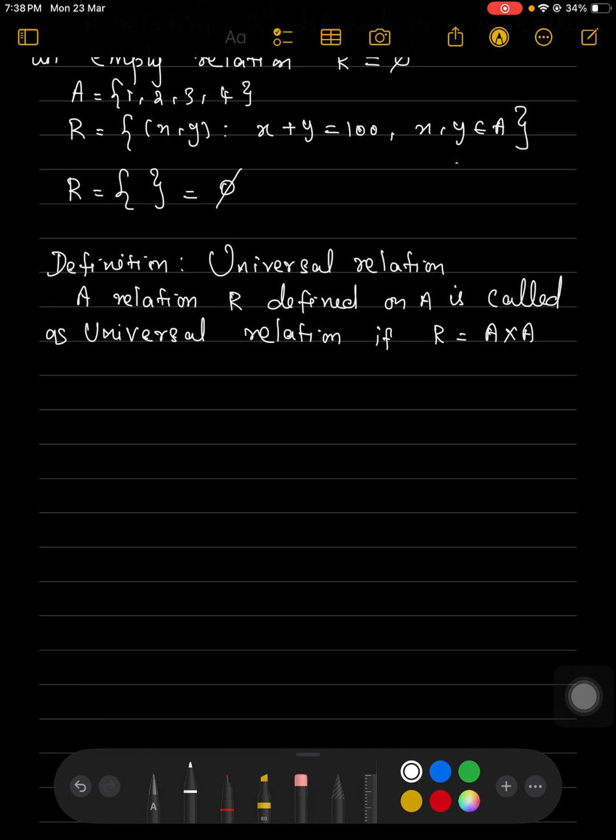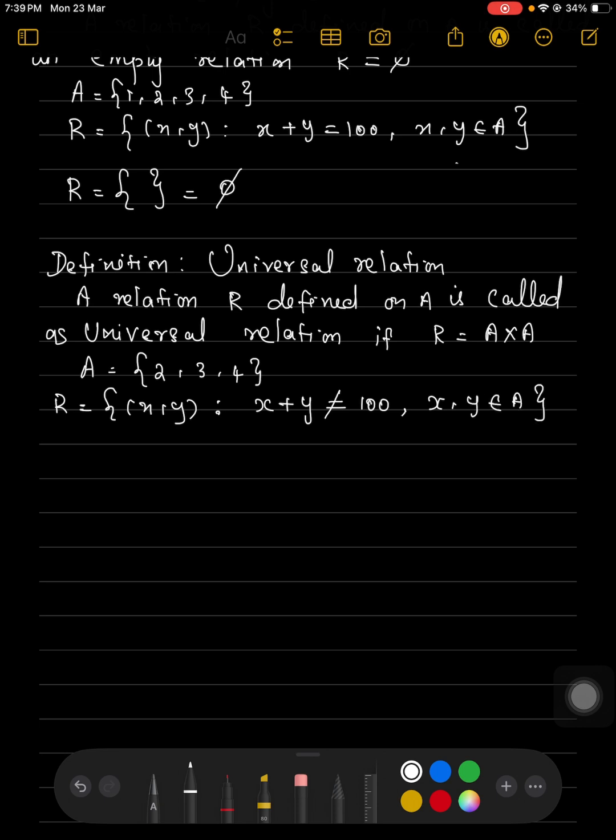Let me take again the same example with fewer elements. Let's say this time I have only 2, 3, 4. I reduced one element. (x, y), this time I am taking x plus y is not equal to 100, where (x, y) belongs to A. Try with this mapping procedure.